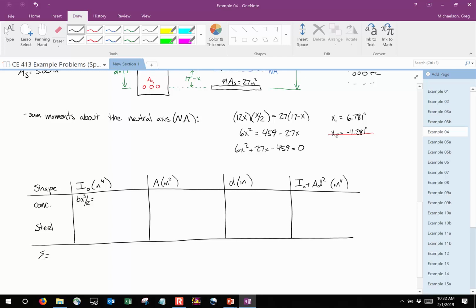Pretty straightforward. So that's 12 times 6.78 cubed over 12. Is that a fair statement? And what does that come out to be? Let's see. I'm getting 311.8, something like that.